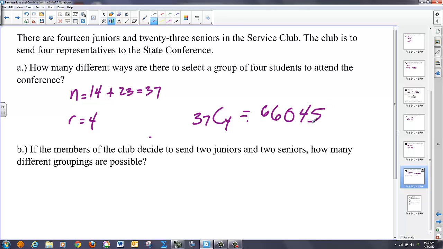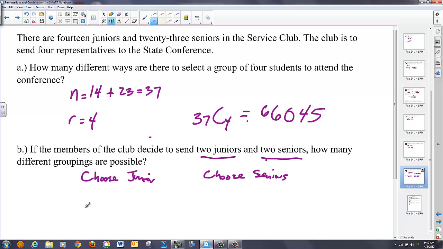The second problem is much more difficult because in this case it specifies we want to send 2 juniors and 2 seniors. So there's actually 2 different events going on here. Now in order to get this problem done, we have to ensure that we've got 2 juniors and 2 seniors. So we have to treat choosing juniors as a problem and choosing seniors as a problem, and then treat it like a counting principle.